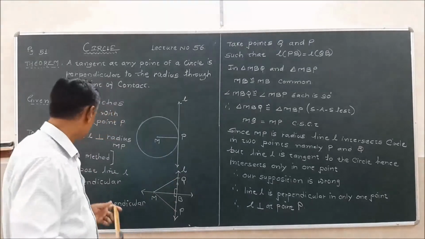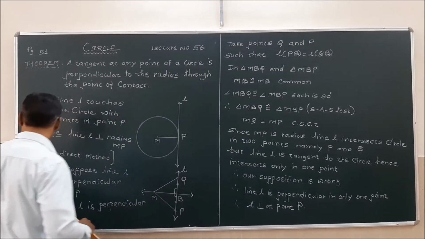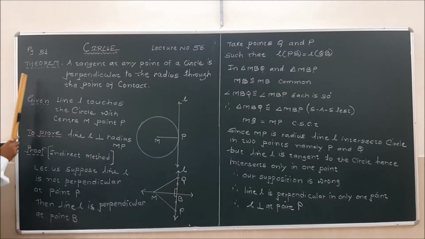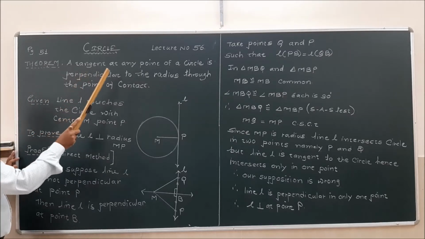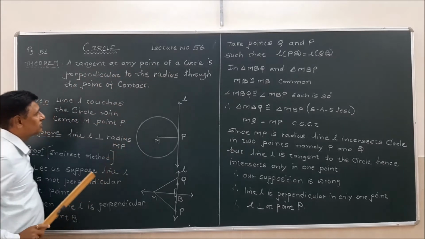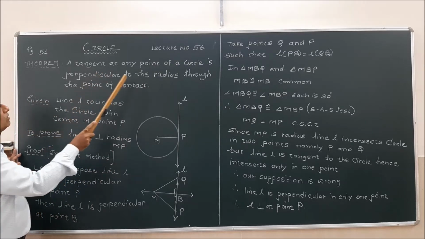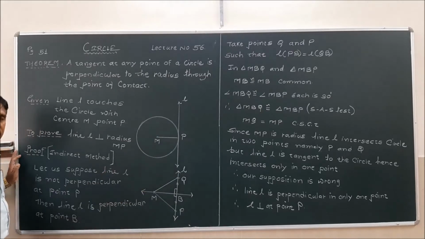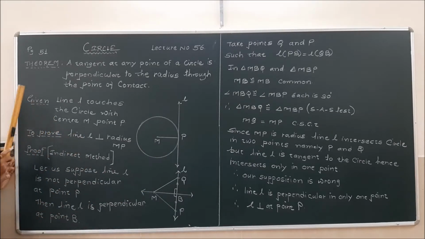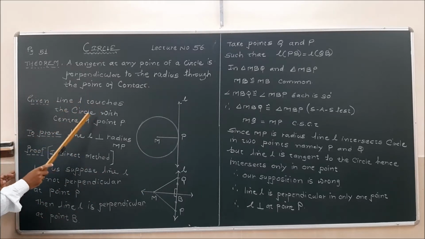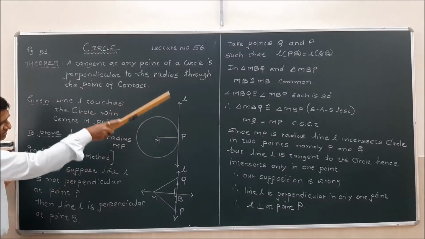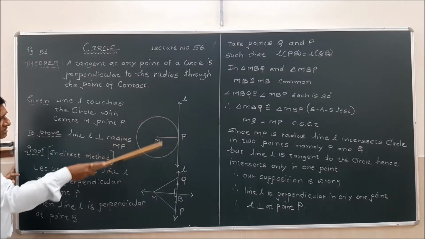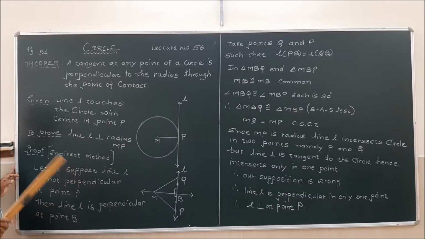Now please look at this theorem. The theorem statement is: a tangent at any point of a circle is perpendicular to the radius through the point of contact. Point of contact is P. Given: line L touches the circle with center M at point P. Yes, this is line L, this is a circle, M is the center of the circle.